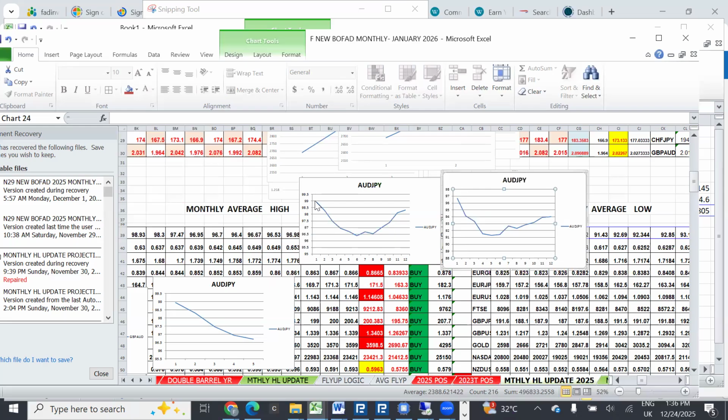So we entered a sell at this point. The market moves downwards to this peak for the high, but then we enter a buy at the low side, which is around 91 point something. Okay, so we enter a buy from this point and then we follow it upwards to change at the high.